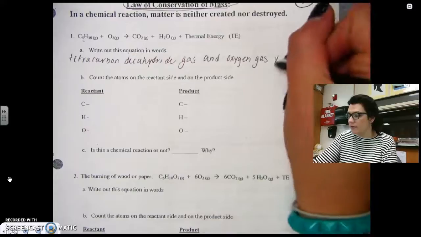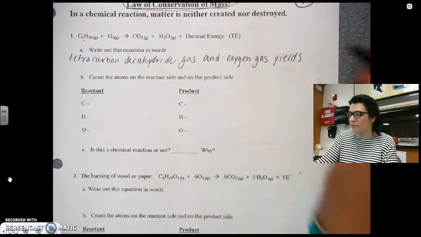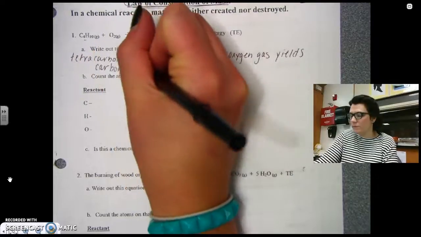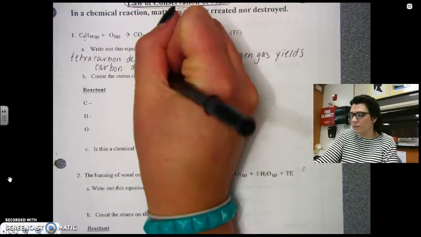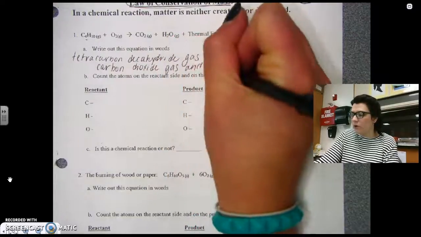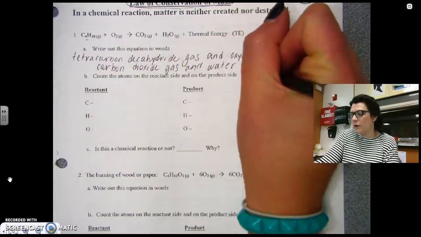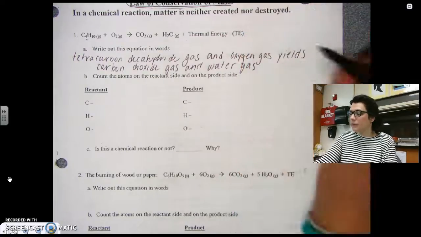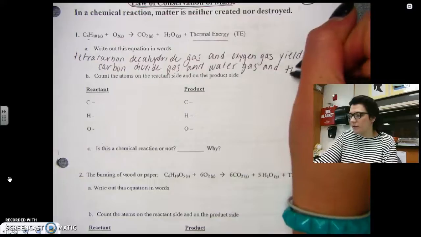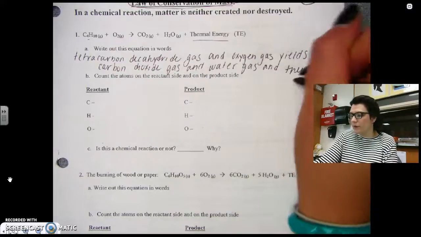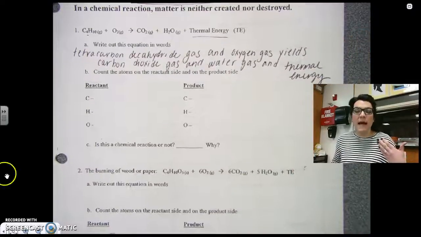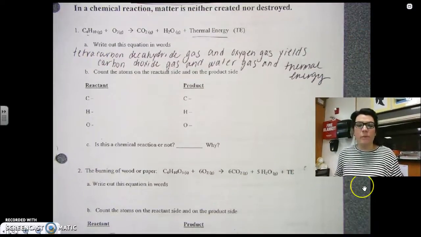I'm going to say yields carbon dioxide gas, and water, and you can say water gas, water vapor, it doesn't matter. And the last thing is thermal energy, so I need to make sure that I say and thermal energy.